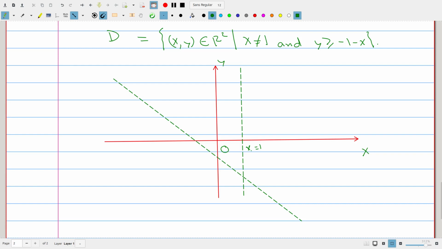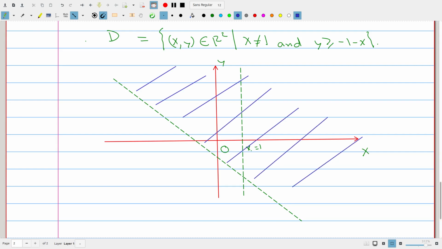Everything in the region that I'm going to shade is included in the domain, except for x equals 1. Everything in this blue shaded region is in the domain, except for x equals 1.